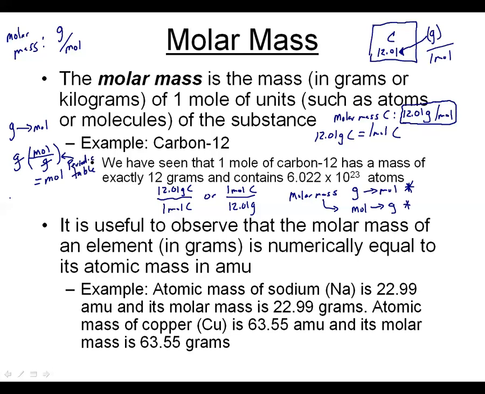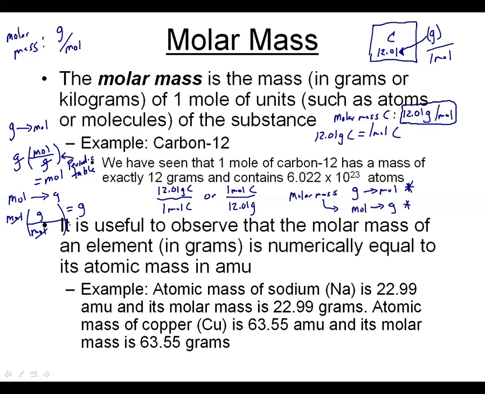And the other way we would do it is going from moles to grams. We would start with moles, use the molar mass, and multiply by it. Grams on top, moles on the bottom. Moles cancel, and we do get grams in this case. So you could think of molar mass as a conversion factor that is used to go from grams to moles and moles to grams.